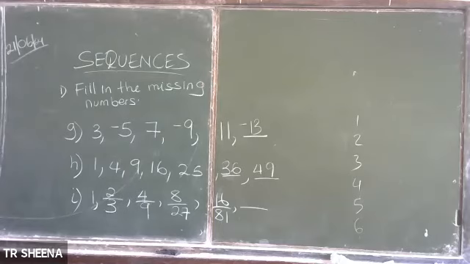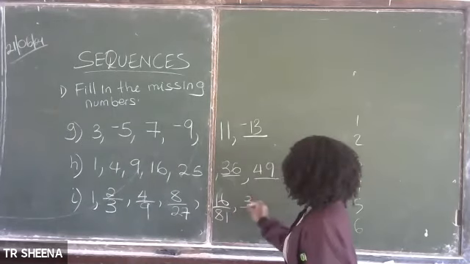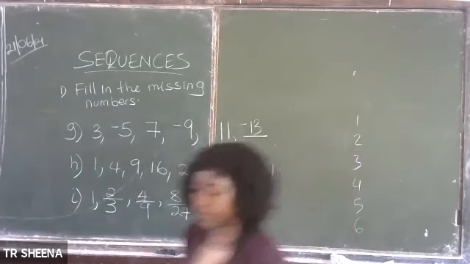So it's 1 times 2, which gives 2, then 2 times 2 gives 4, then 4 times 2 gives 8, 8 times 2 gives 16, and 16 times 2 gives 32, which is the numerator for the answer.